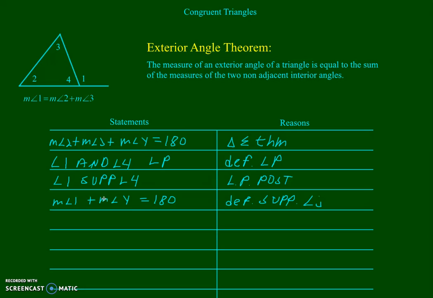So we can say the measure of angle 2 plus the measure of angle 3 plus the measure of angle 4 equals this, the measure of angle 1 plus the measure of angle 4.